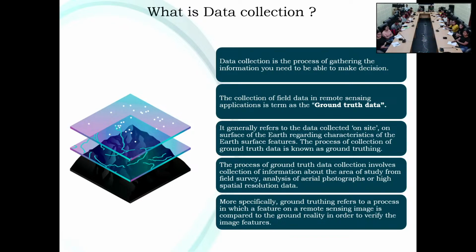So data collection is what gives us the freedom to make a decision on a particular thing. And generally in remote sensing, data collection is called ground truth.